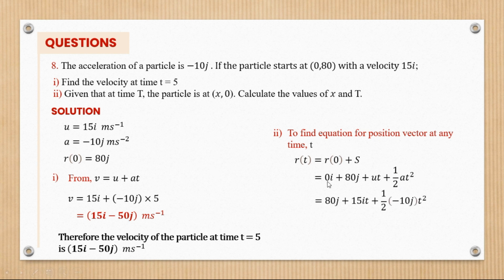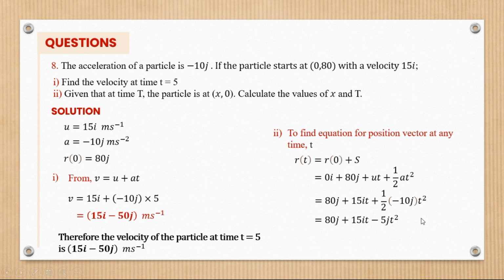Remember that we can ignore the 0i, so we'll be left with 80j. Where there is u, remember that the initial velocity is 15i, so 15i t plus a half a t squared. Now remember that a is negative 10j, as you can see right there. Since we're just dealing with the general equation, we're going to leave t as it is.